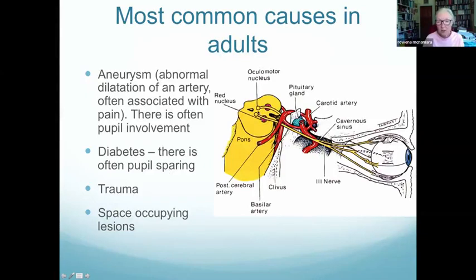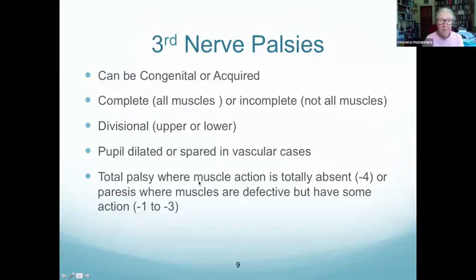It's quite a long nerve as it comes through the midbrain, so any damage to the head or any trauma could cause a third nerve palsy. And as I said, you can have tumours within the midbrain that would also give you the same signs. So it can be present in babies.